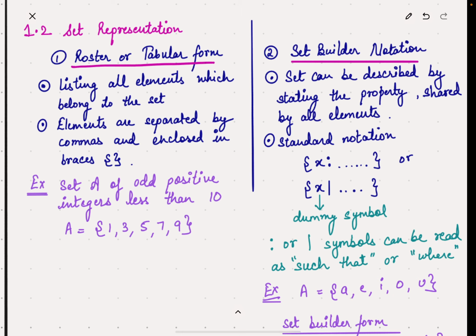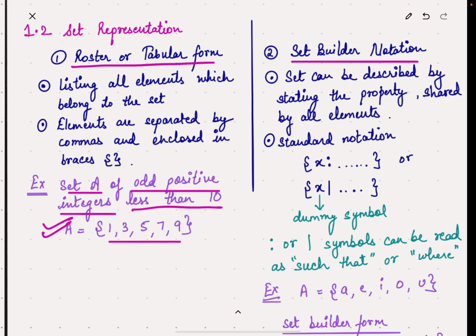These elements are separated using commas and enclosed within curly braces. For example, let's say we have a set A of odd positive integers that are less than 10. Then we know the numbers 1, 3, 5, 7, 9 are the elements of this particular set. This is how we represent a set in roster or tabular form.